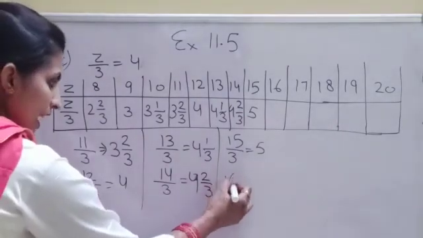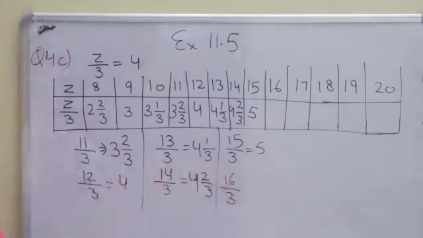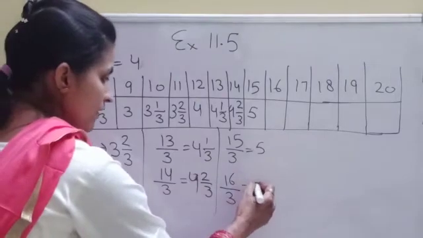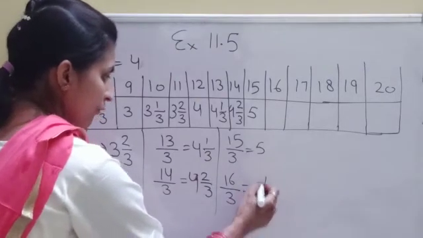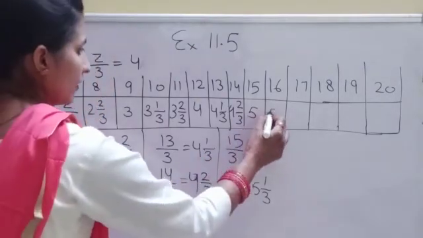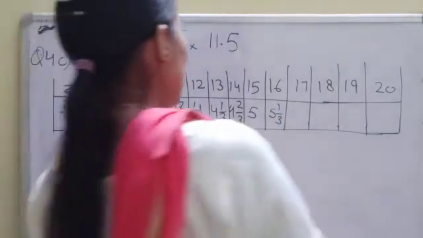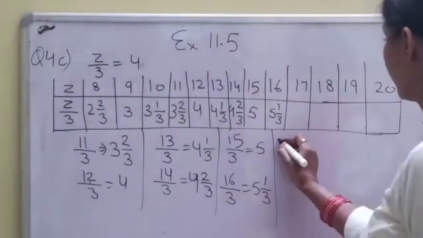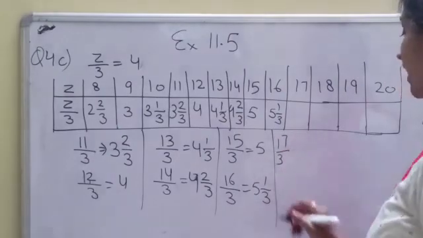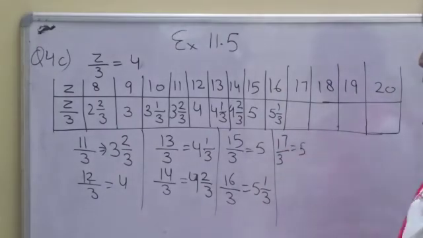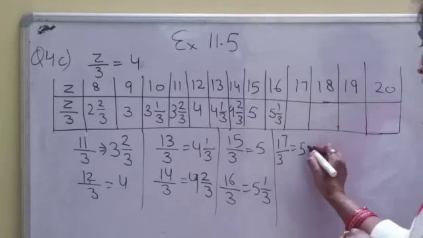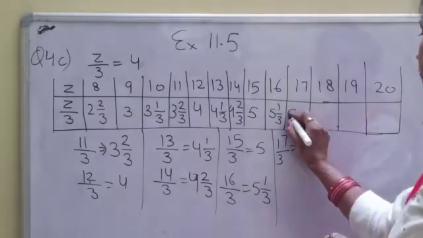If we keep the value as 16, so 16 by 3, 3 5s are 15, 1 is left, so 5 and 1 by 3. Now, when we keep the value as 17, so 17 by 3, 3 5s are 15, 16, 17, 2 is left, so 5 and 2 by 3.